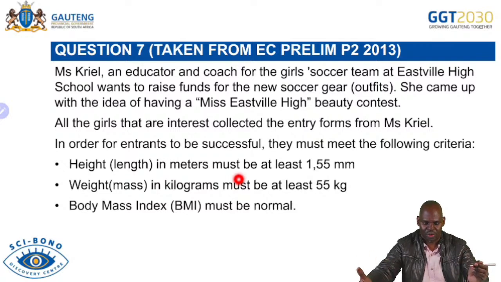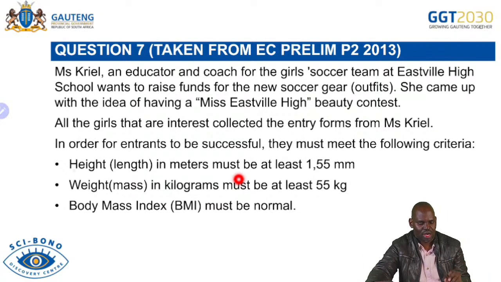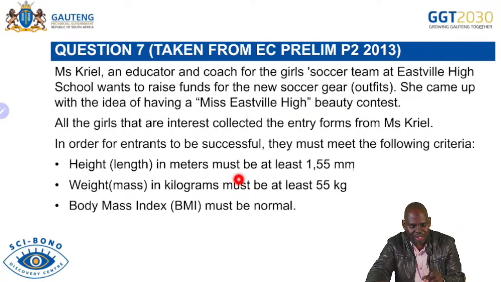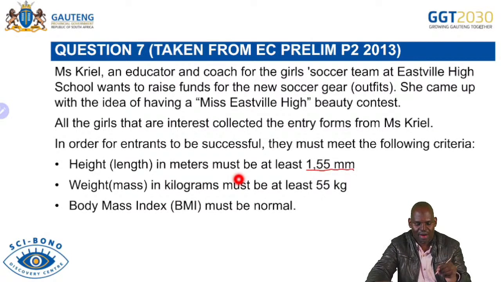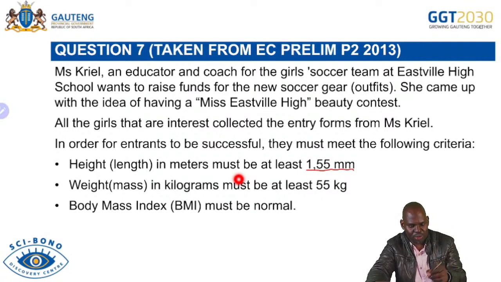In order for entrants to be successful, they must meet the following criteria. So in other words, for this contest, the following criteria must be met. The height must be at least 1.55 millimeters. This is supposed to be meters.